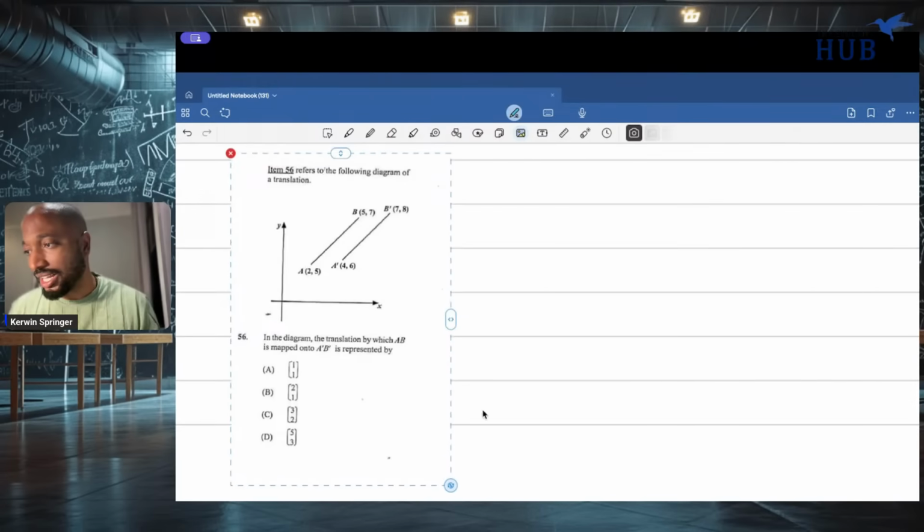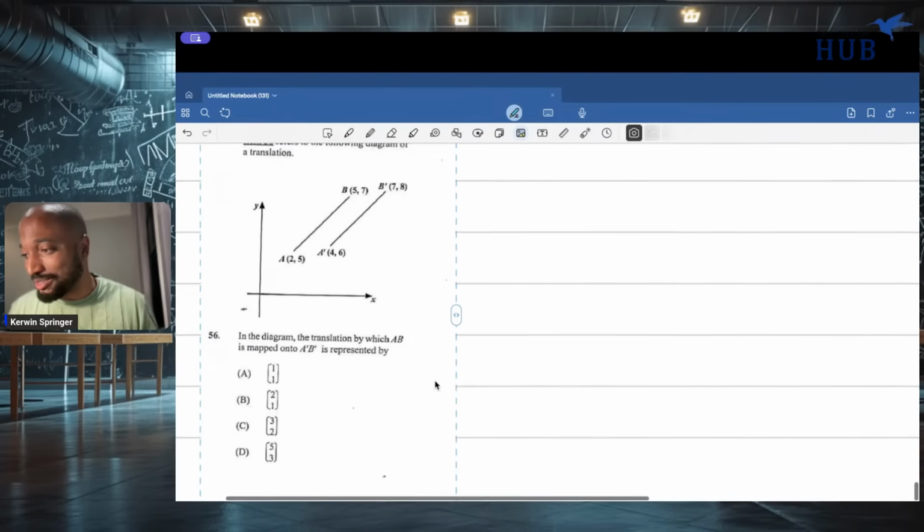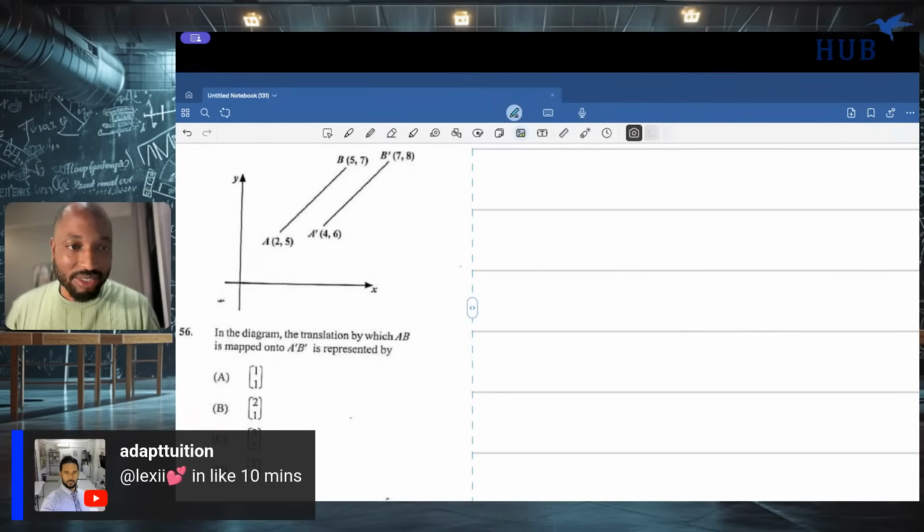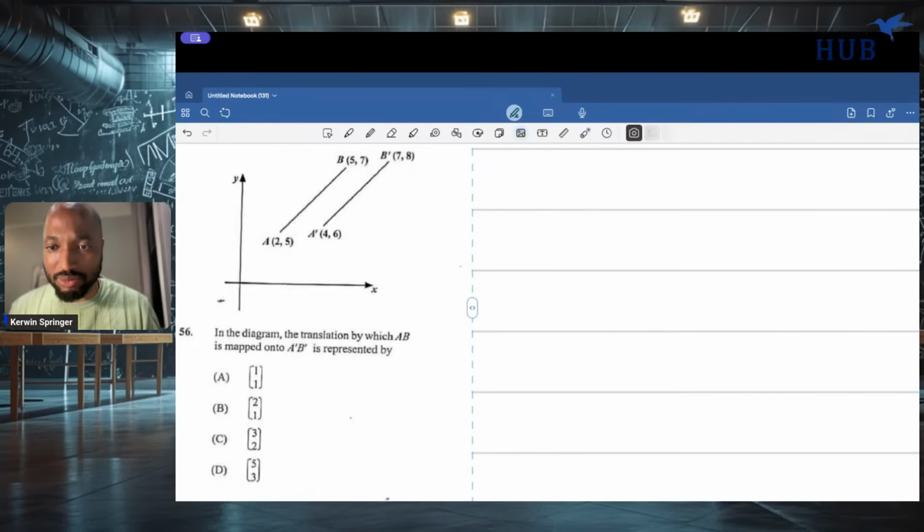I could pass the baton. Adapt is starting a session in like 10 minutes. So I'll start to pick and choose the questions, and then we could look to wrap it up, and I could just follow on to Adapt.